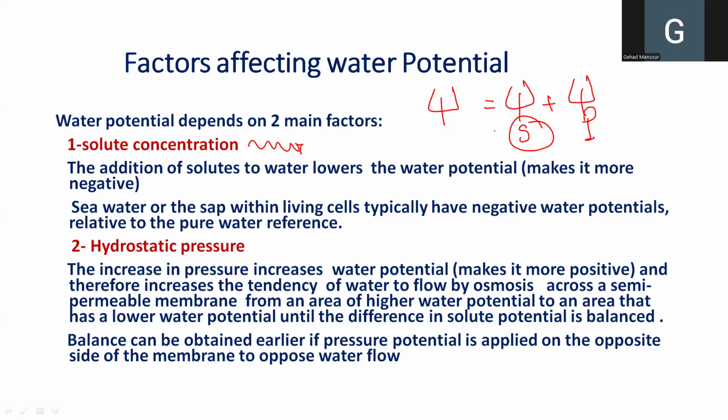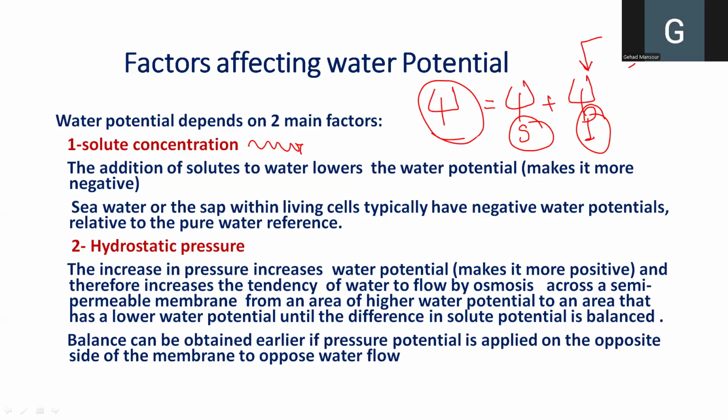The second thing is the hydrostatic pressure. Whenever hydrostatic pressure increases, it will increase the water potential, of course, because the hydrostatic pressure refers to that element of the equation. It makes it more positive, and therefore it increases the tendency. What do we mean by increased water potential? We mean we are increasing the potential energy of the water molecules to move by osmosis across a semi-permeable membrane. And this is how you should say it. You should say it in a very explicit manner.